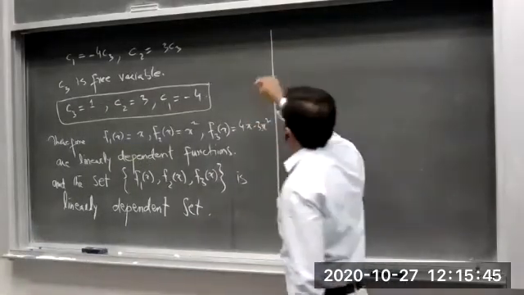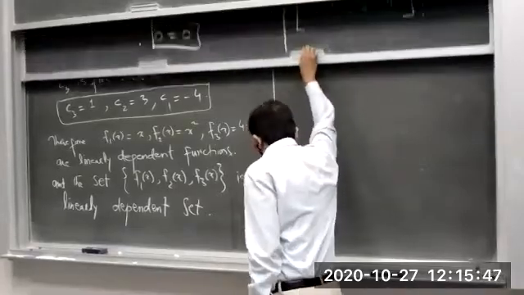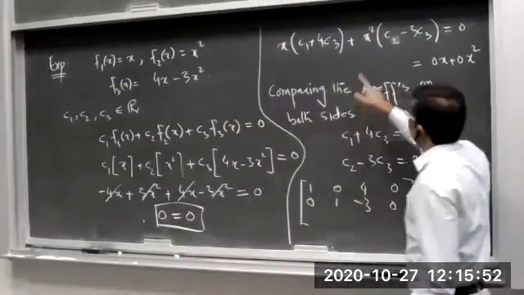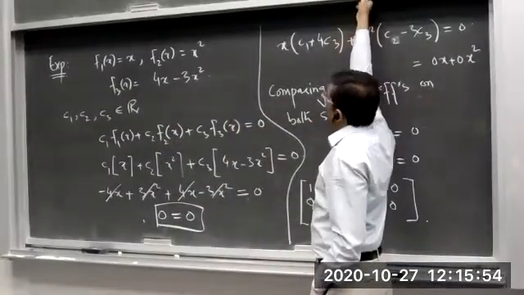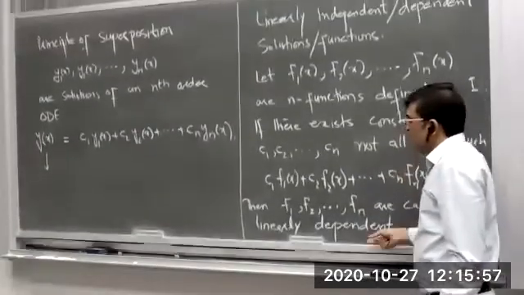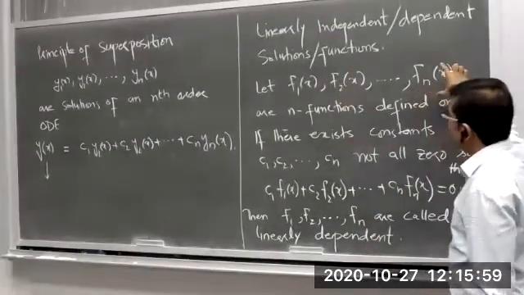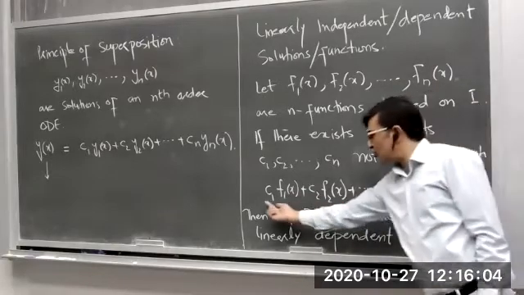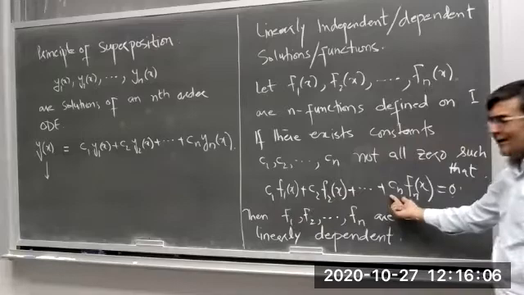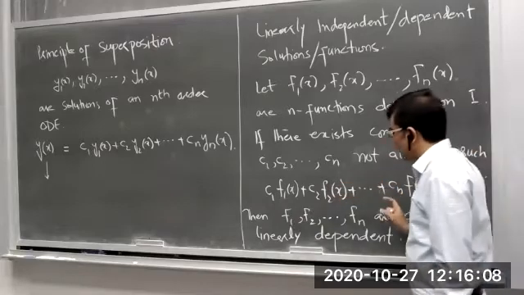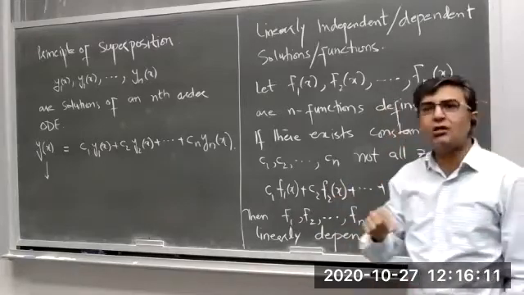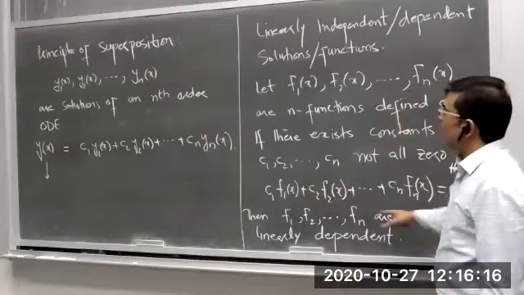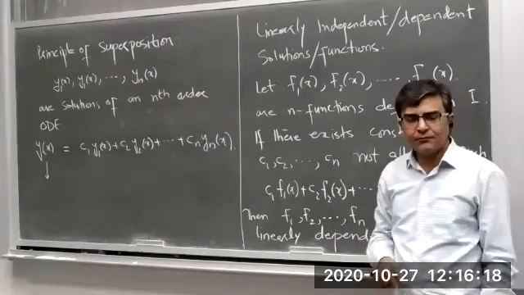If at least one of the constants in this equation, in this definition which we wrote here, so we have n functions. We consider this equation with the unknown constants C1, C2, and so on, Cn. If at least one of these constants is not identically zero, then we say that these functions are linearly dependent.